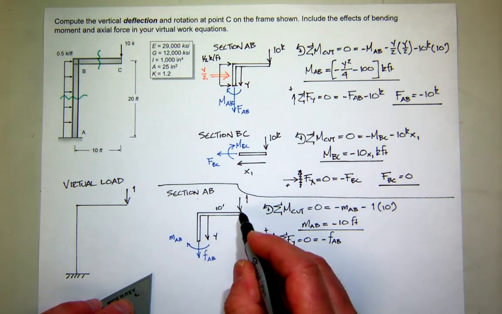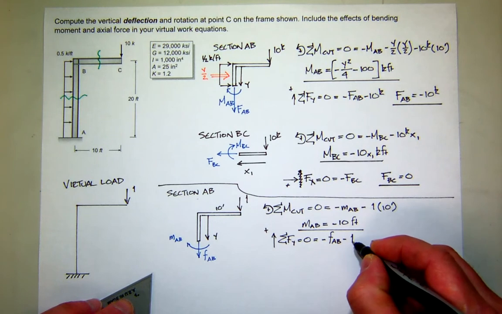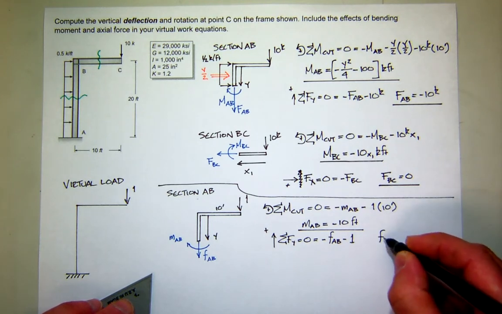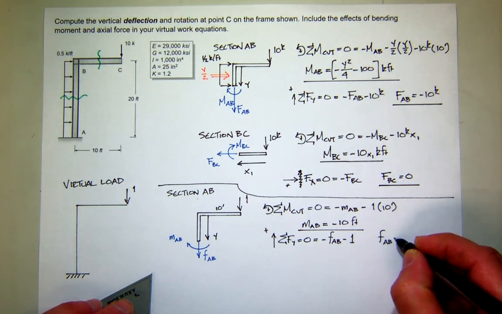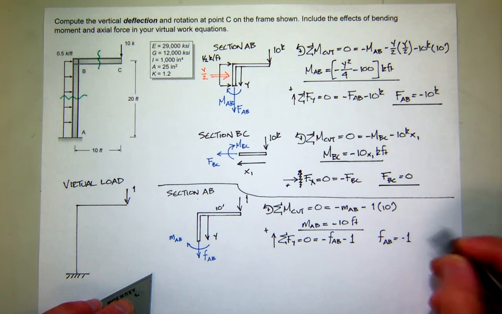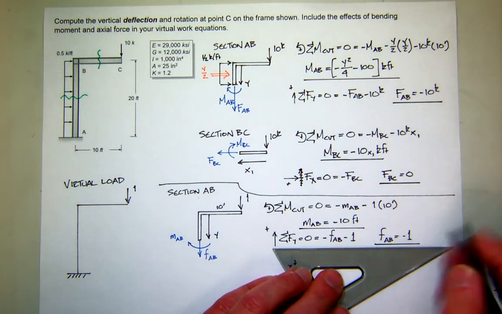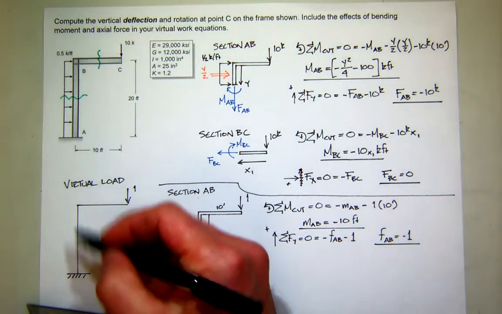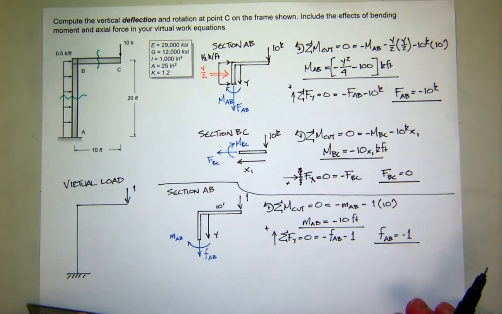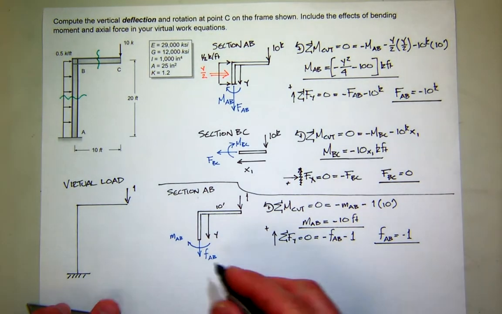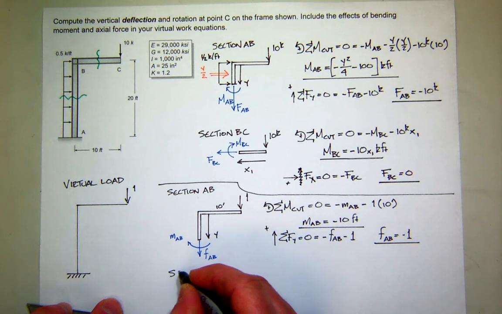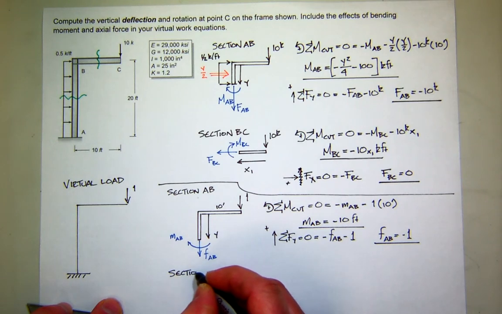Other forces acting in the system are the virtual force also acting down. So it looks like our force AB is equal to minus 1. So it looks like, due to the virtual load, the axial force in AB is in compression, which makes pretty good sense.